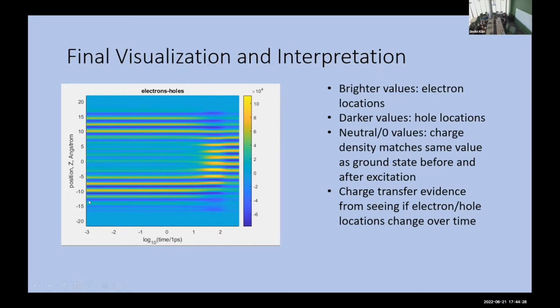This is the way you can see that charges move over time. In the case of this example, we have charges that end up focused more over here versus in these different positions. So that's all I have for this presentation. I'll leave it up for questions.